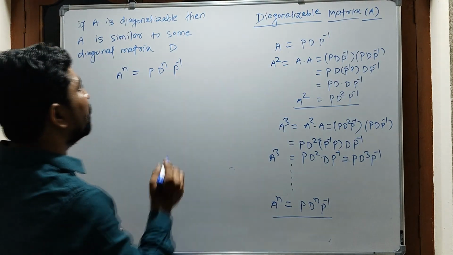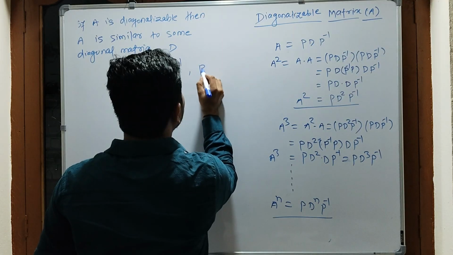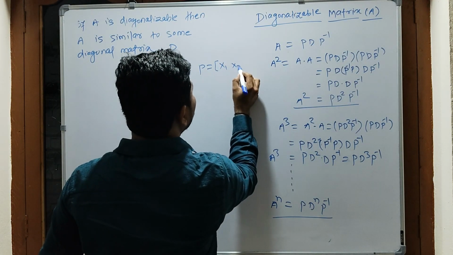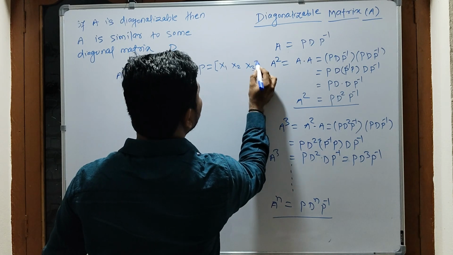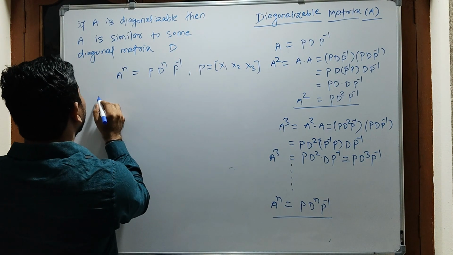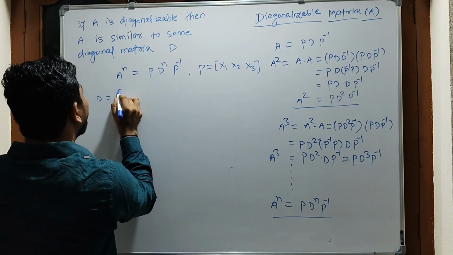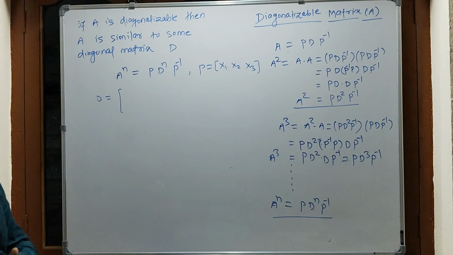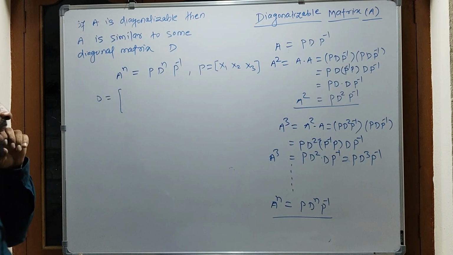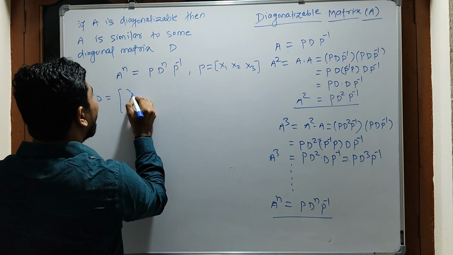Here all of you know the matrix P: the first column is the first eigenvector, the second column is the second eigenvector, and the third column is the third eigenvector. Now D is a diagonal matrix, meaning all the non-diagonal entries are 0 and the diagonal entries are the eigenvalues.